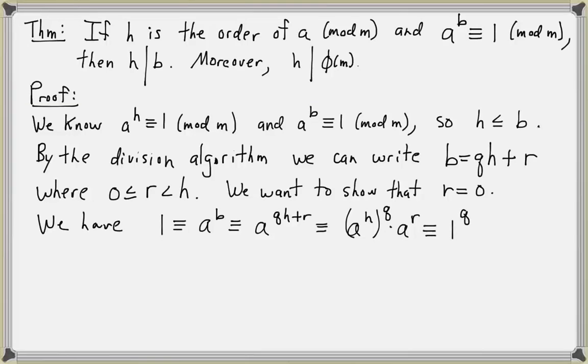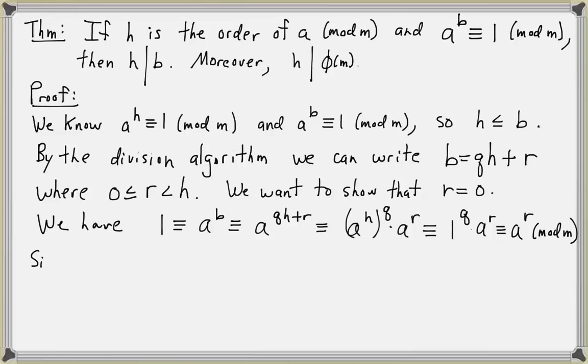So this is 1 to the power q times a to the r, and this just equals a to the r mod m. So a to the power r is congruent to 1 mod m. But we already assumed that h was the smallest positive power of a that is congruent to 1. And this forces r to be 0.